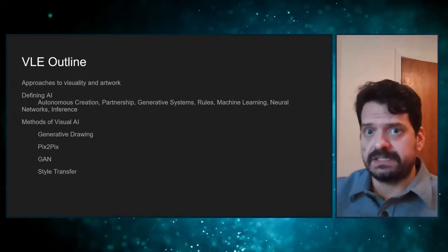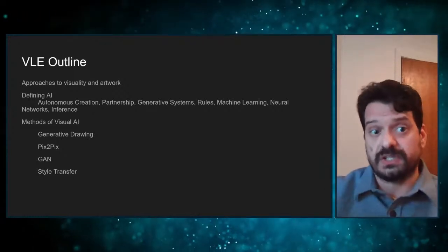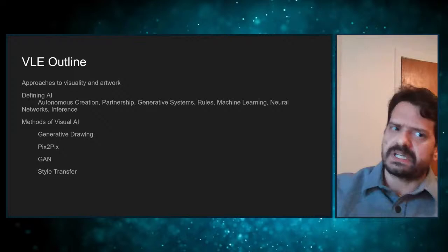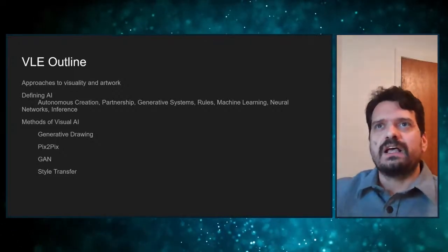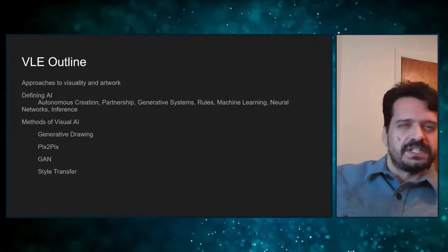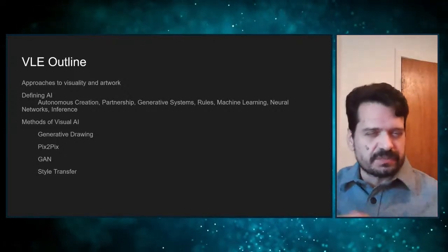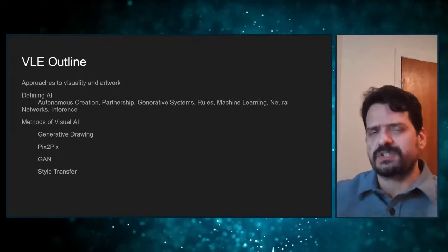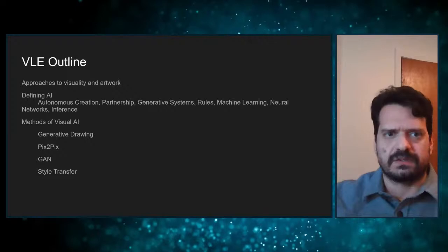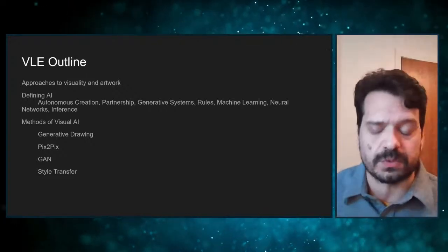We'll look at GANs very briefly, which is another neural network approach. And then ultimately, we're going to conclude with looking at style transfer, which is arguably cliche from when it was first introduced, but still a very powerful system for being able to implement some neural networks involved in creation of visual assets, visual media, visual artwork.